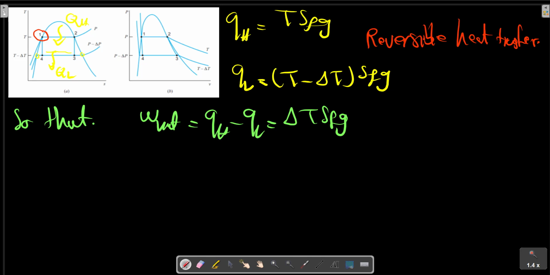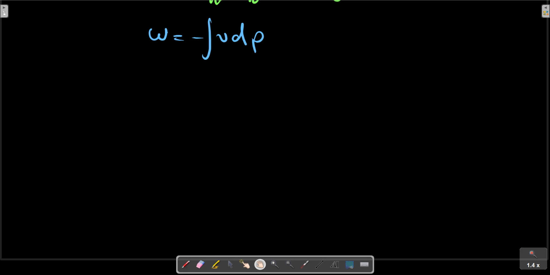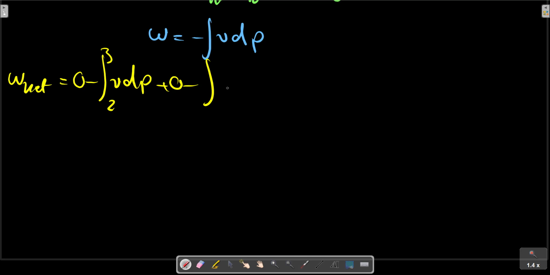From the figure, we can calculate that W equals minus V dP, or overall for the 4 processes in the cycle, W net equals minus V dP plus 0 minus V dP.